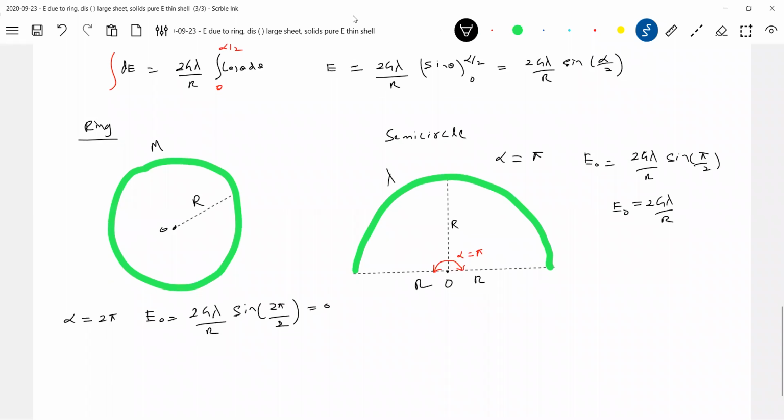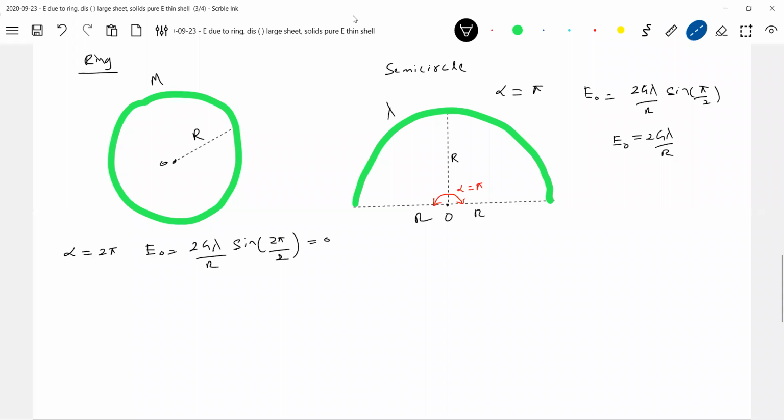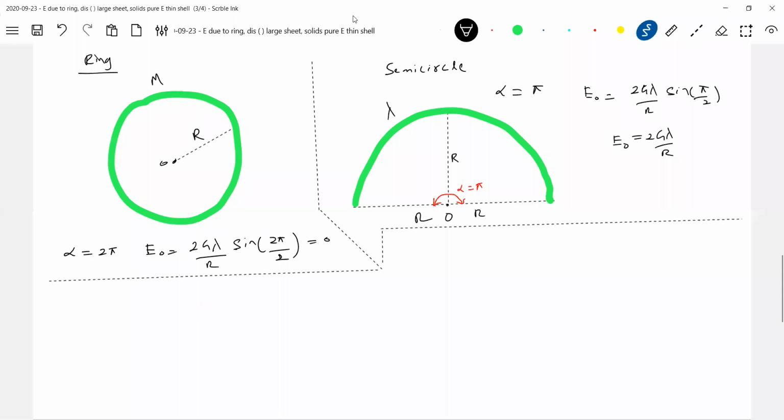Now the quarter circular arc. After this we'll go for the quarter circular arc. So this will be like a quarter circle.